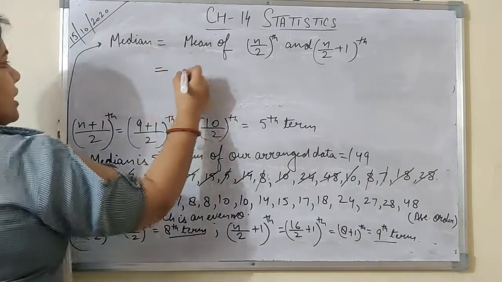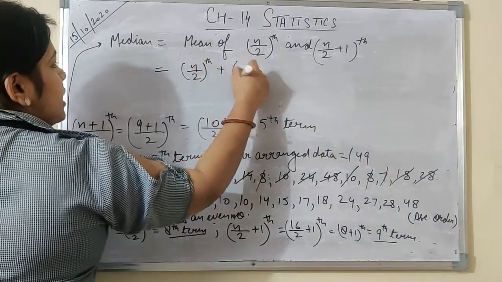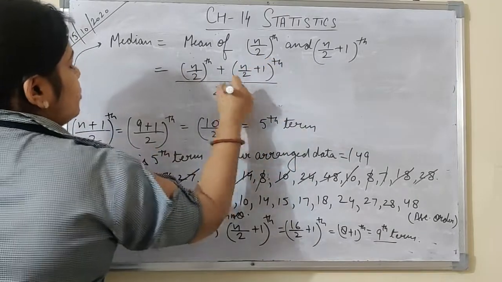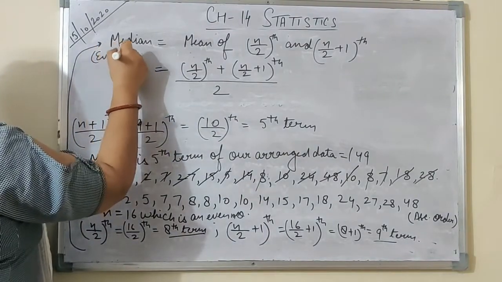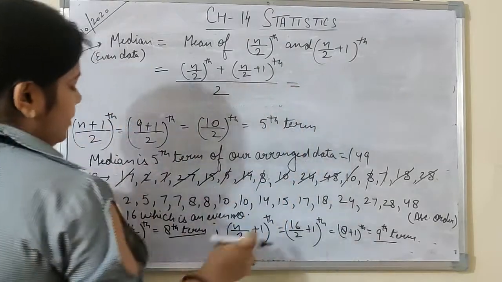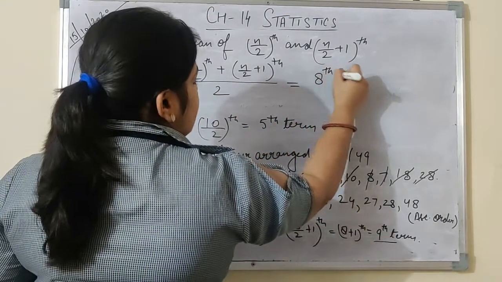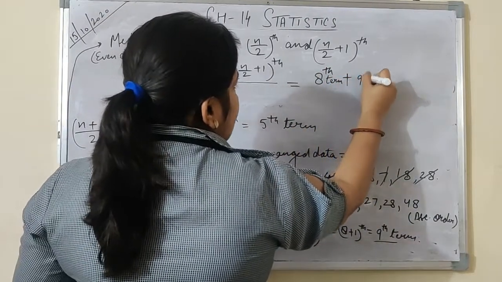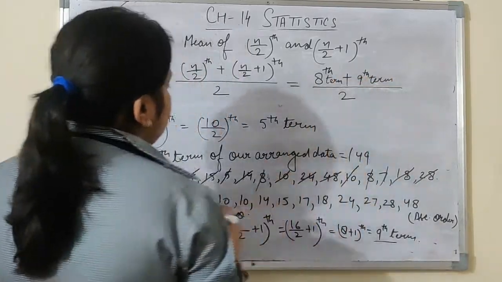That means n by 2th term plus n by 2 plus 1th term, divided by 2. This is the case for even data. Now we have the 8th term and the 9th term, divided by 2.